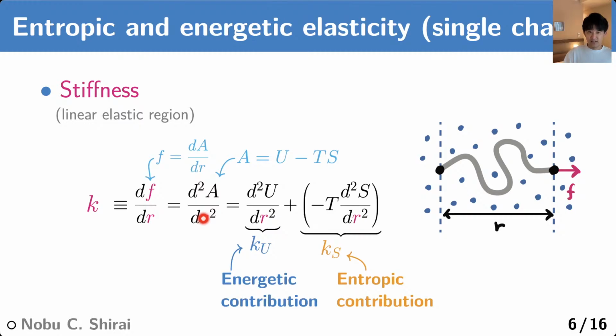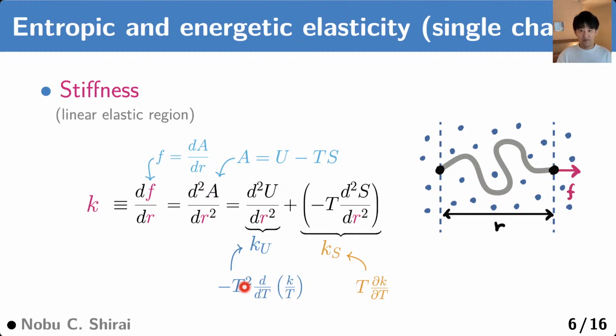This is the same logic as the bulk one, and we get Ku and Ks as the energetic and entropic contributions. Again we get those equations from the Maxwell relation. So once we get the temperature dependence of K, we can decompose it into Ku and Ks.